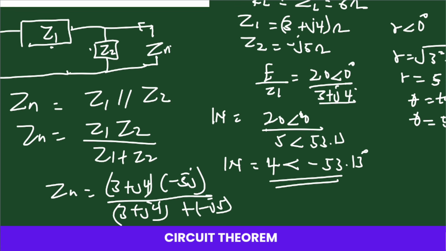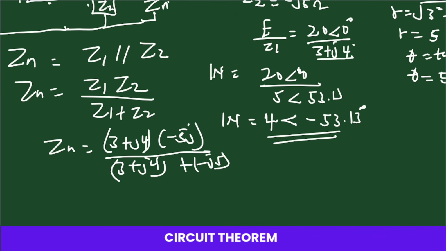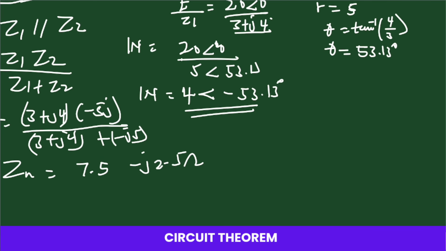Okay, so it means that we are going to get the value of Zn to be equal to 7.5 minus J2.5 ohms. Okay, so that is actually the answer for our result.